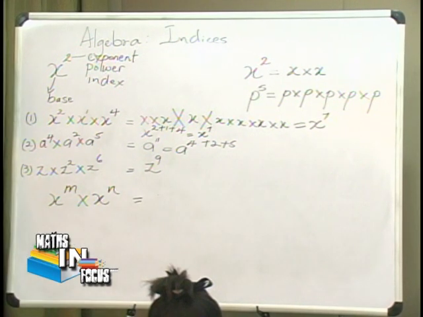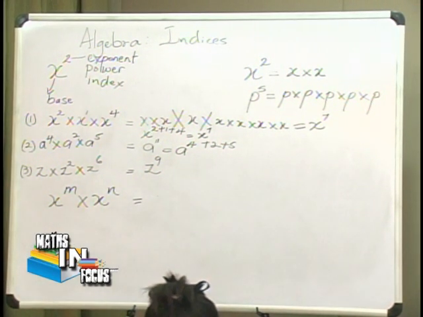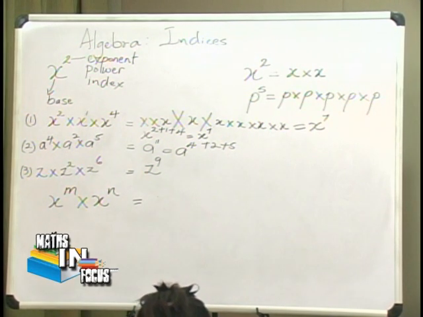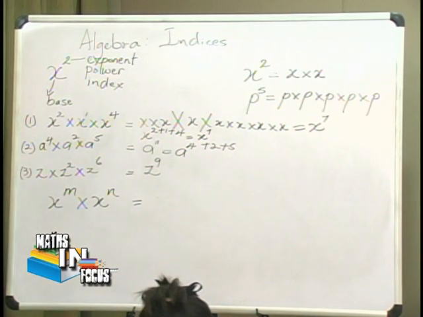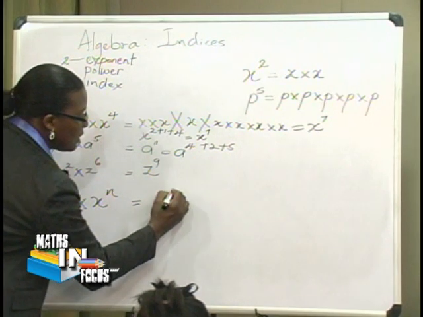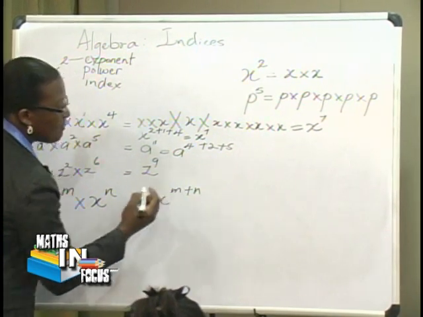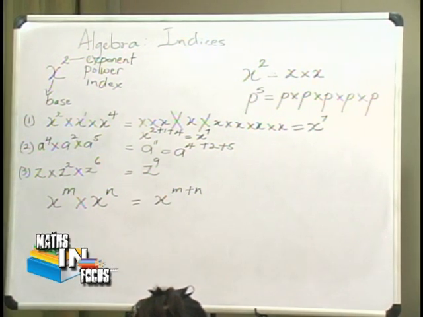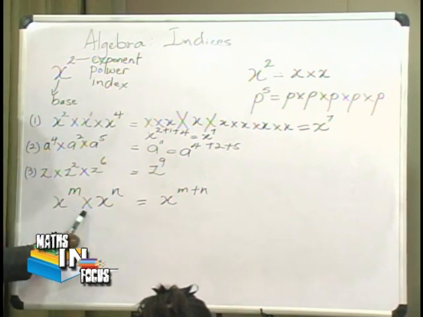What do we do when we get across on the other side? We add the M power plus N. Across on the other side, we'd have X to the M plus N. Now I want somebody in words to tell me what is happening here.